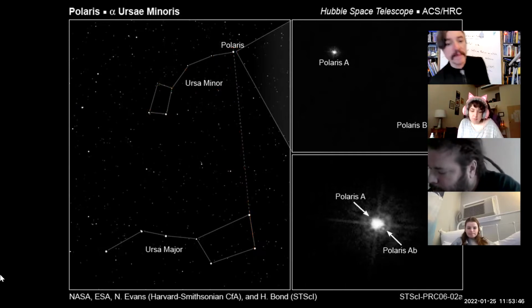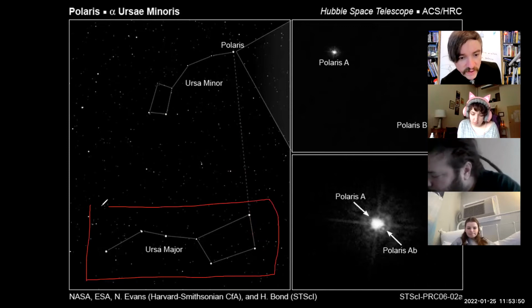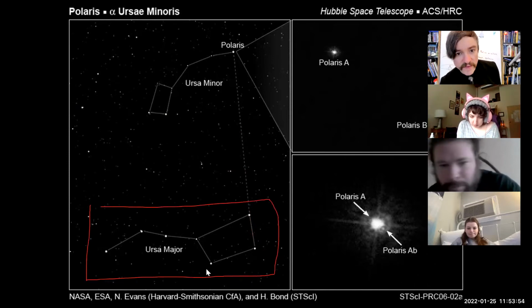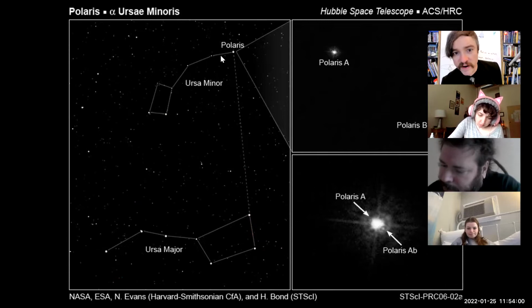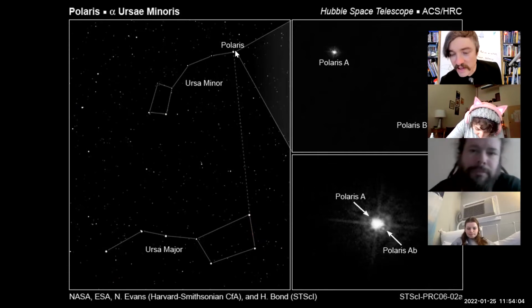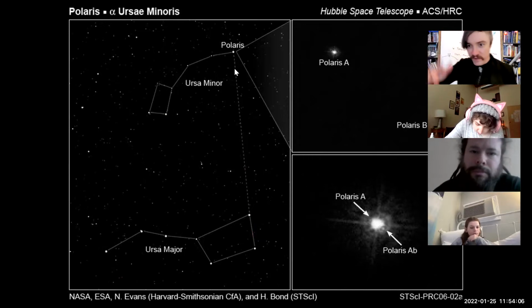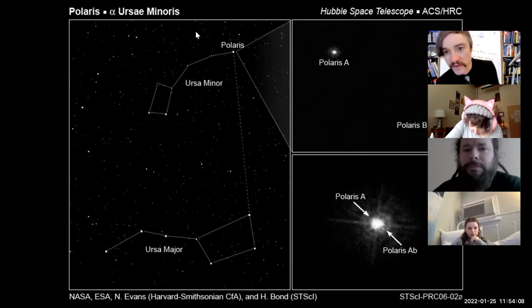But the Big Dipper is familiar to many of us because all of the stars are quite bright and therefore easy to see. See if you can go out and find Polaris sometime. It's a good little exercise. Polaris turns out to be a variable star. That's something we'll learn about later on in our class. And that means its brightness or its magnitude fluctuates over the course of about 30 days.